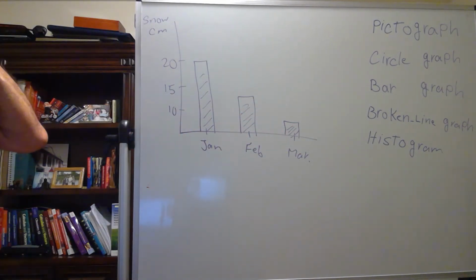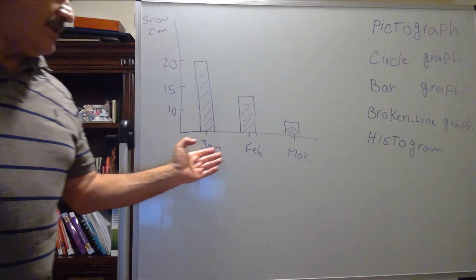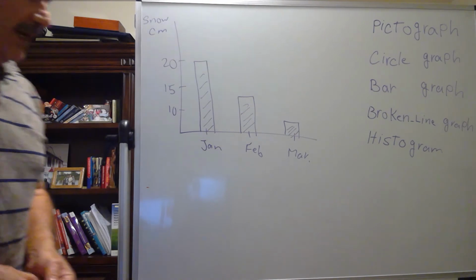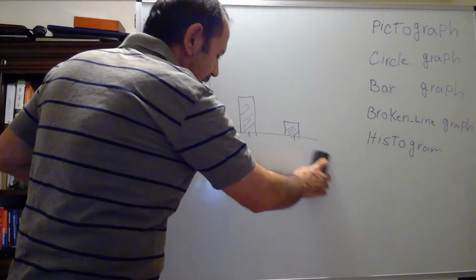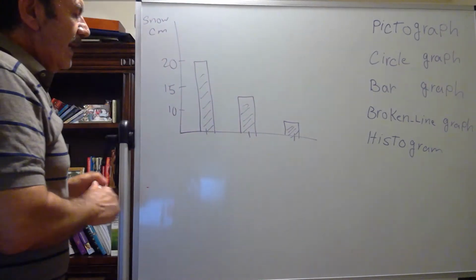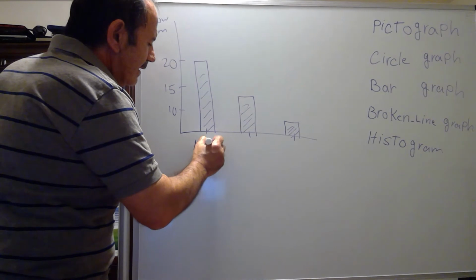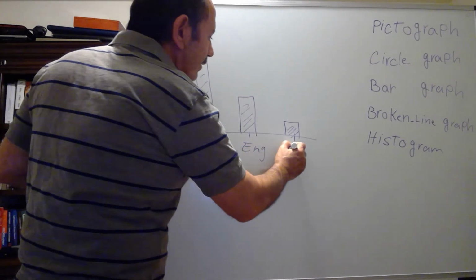Okay, we can have a double bar graph, in which in each category we can use more than one piece of information. As an example, if I change this one to different classes, say math, English and computer.